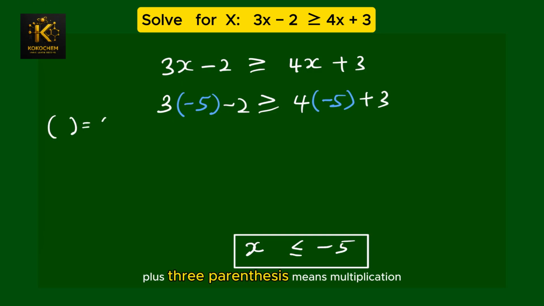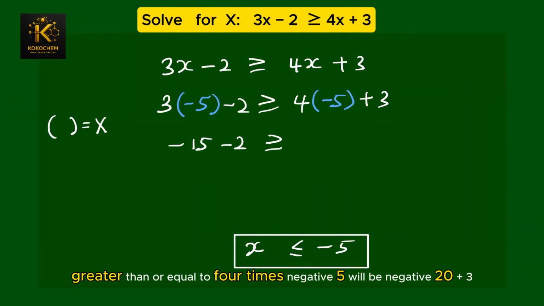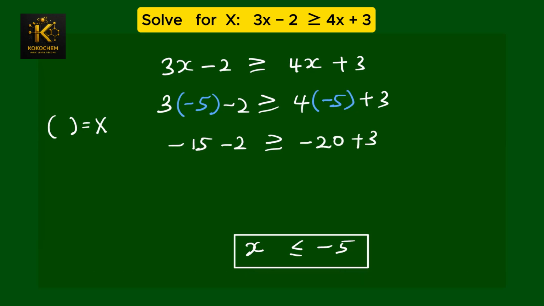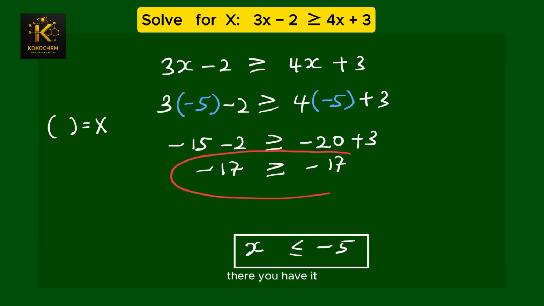Parenthesis means multiplication. Okay? So 3 times negative 5 will be negative 15 minus 2 greater than or equal to 4 times negative 5 will be negative 20 plus 3. Negative 15 minus 2 will give you negative 17 greater than or equal to negative 20 plus 3 will give you negative 17. There you have it.